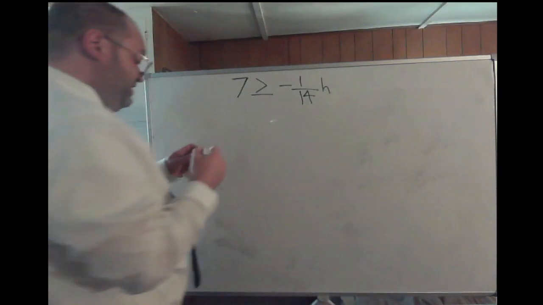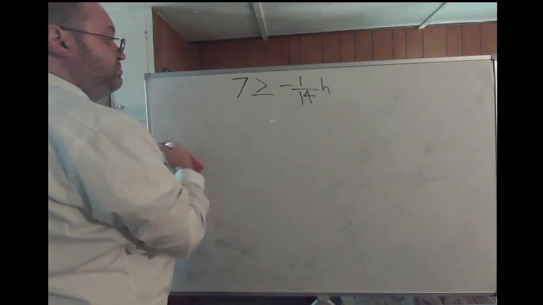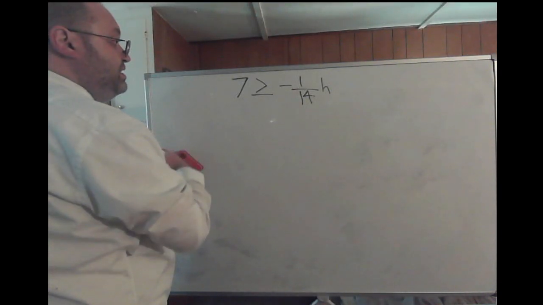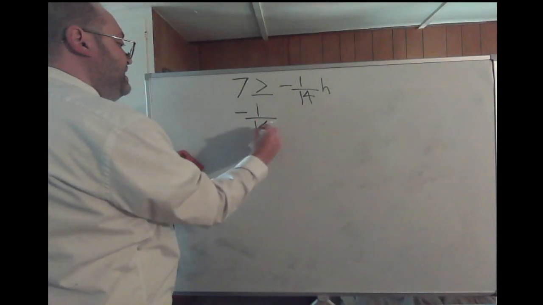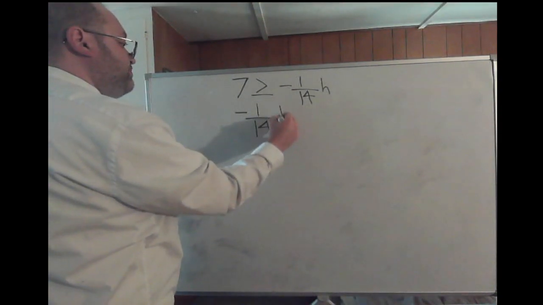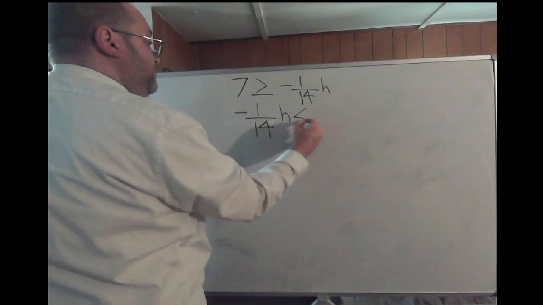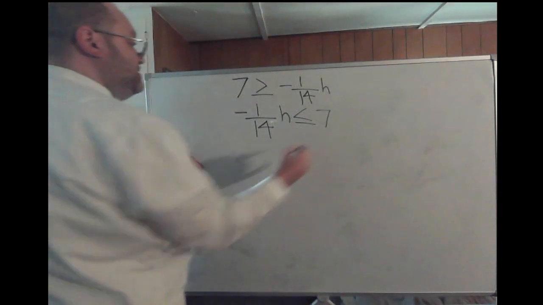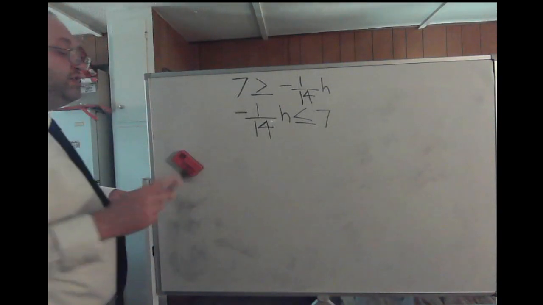Well, let's switch the places of the variables around. So you'd have negative 1/14 h, but that would actually switch to less than or equal to 7. So we have negative 1/14 h is less than or equal to 7.